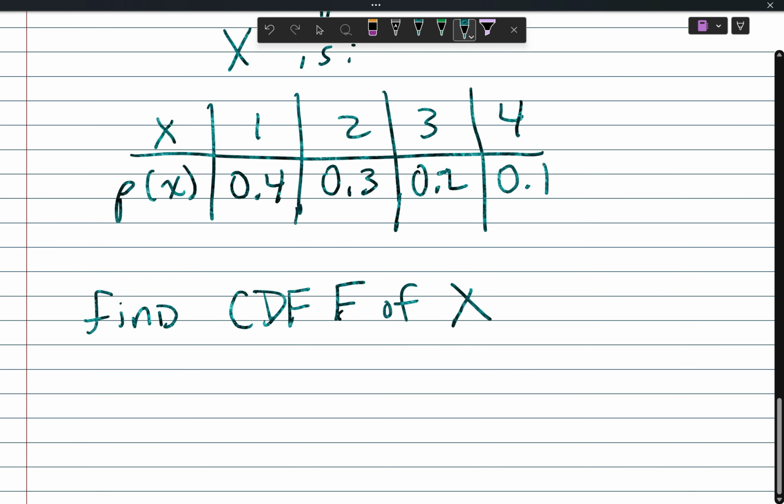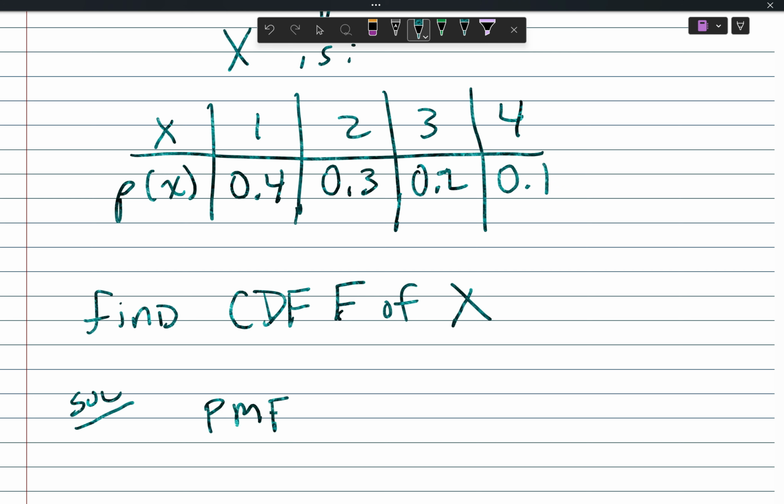All right, so let's work through this and get a solution. The given probability mass function implies that the sample space of X is equal to 1, 2, 3, 4.